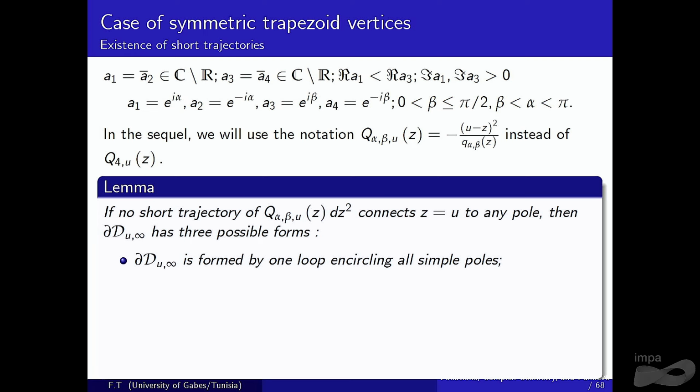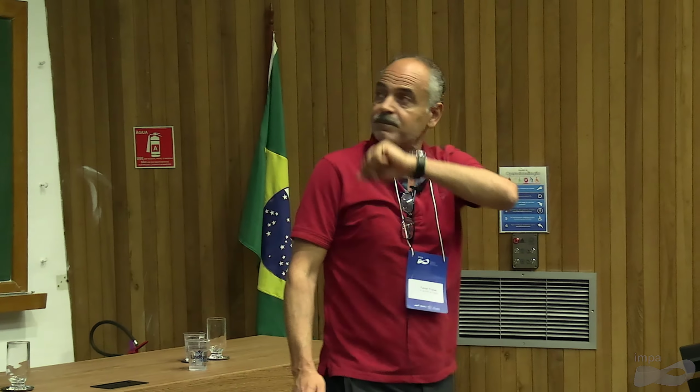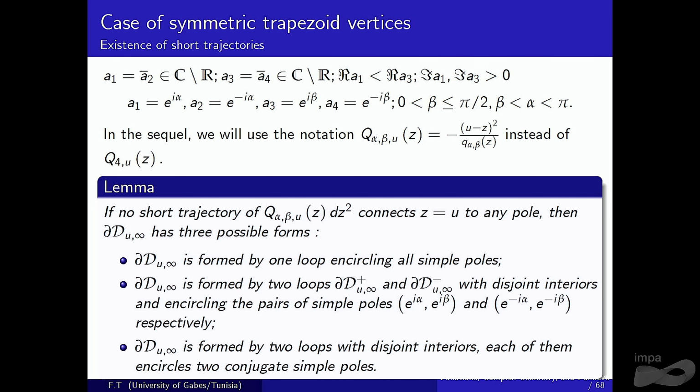In the sequel, we begin with our lemma: this quadratic differential, minus U minus Z squared over Q alpha beta of Z, where Q is the polynomial Z minus exponential plus or minus I alpha times Z minus exponential plus or minus I beta. Then we first give the structure of the critical graph of our quadratic differential. In fact, we prove that the quadratic differential Q alpha beta U is bordered by something like this.